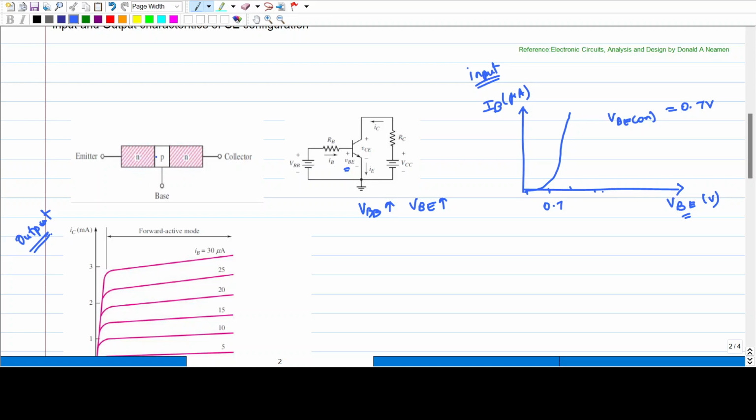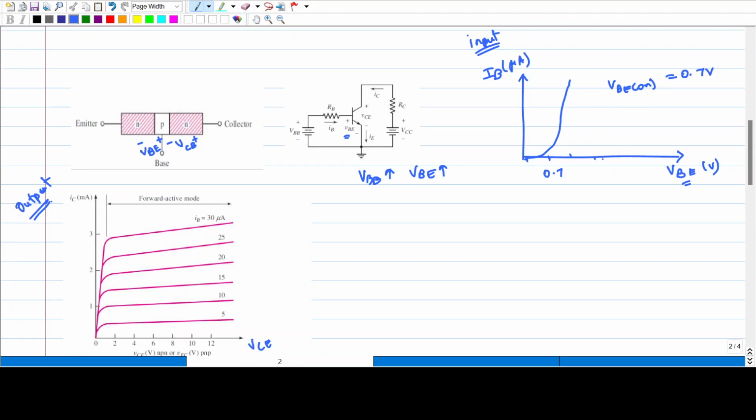The VBE is across this junction. So let me call it, this is plus and this is minus, this is VBE. Similarly, this junction is called collector base junction. We will note it as minus plus, VCB. If you write it as VBC, you have to change the sign accordingly. So this is the emitter base junction and this is the collector base junction.